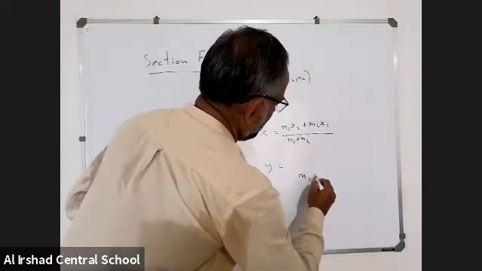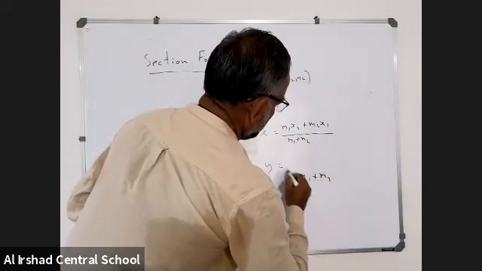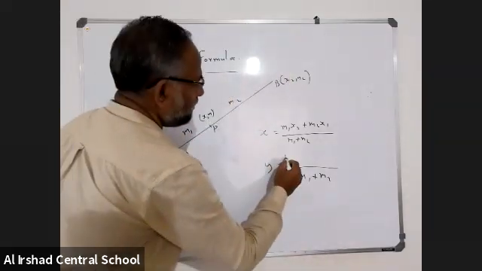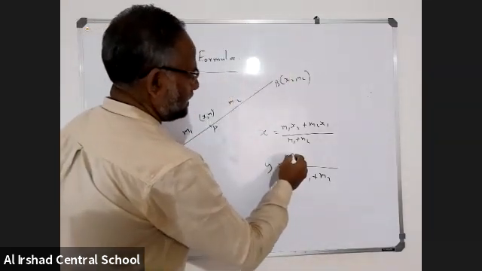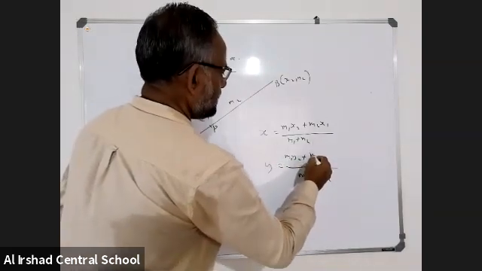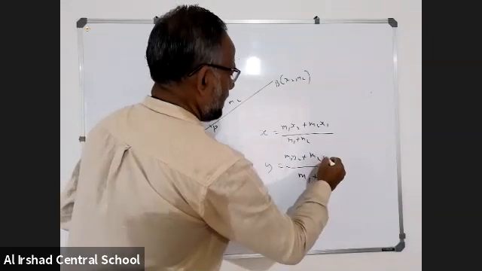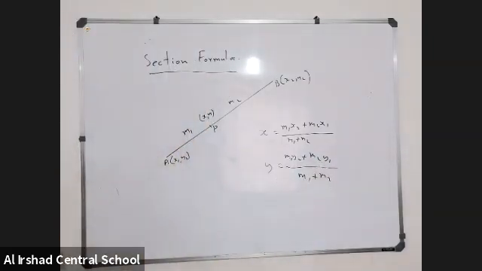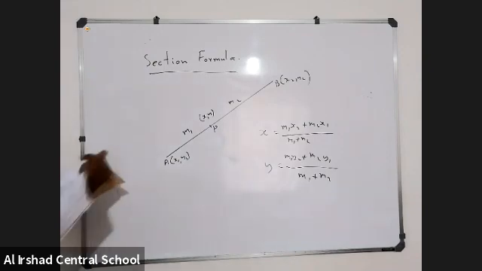The denominator is the same, M1 plus M2. These are the x coordinate and y coordinate.